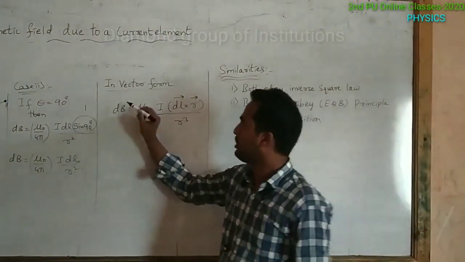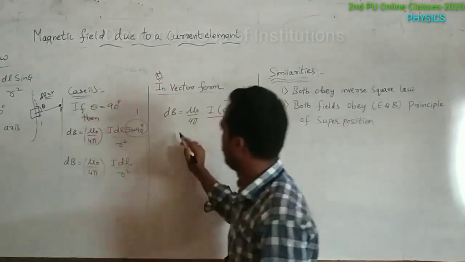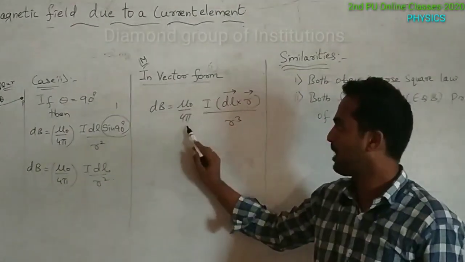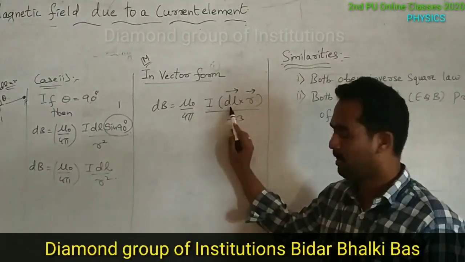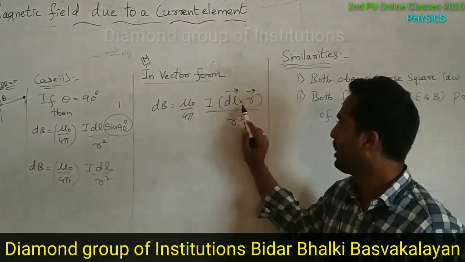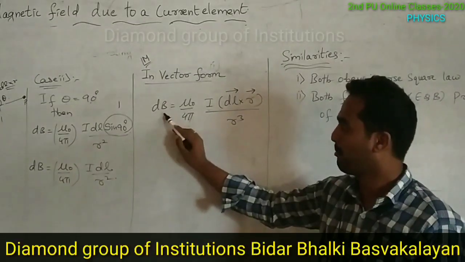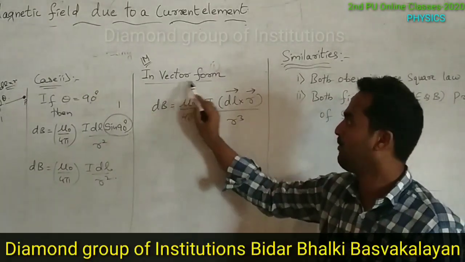So this expression is going to be asked for 1 mark. What is the expression? dB equal to mu naught by 4 pi into I, dl, length small element, cross r divided by r cube. So this is the mathematical expression for Biot-Savart's law in vector form.